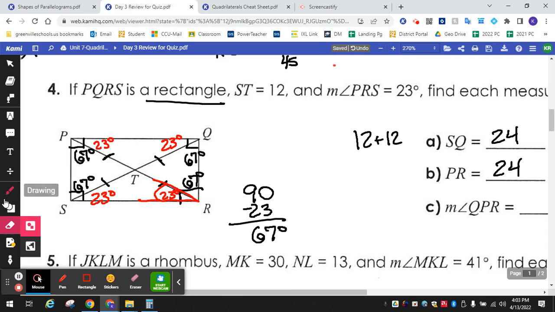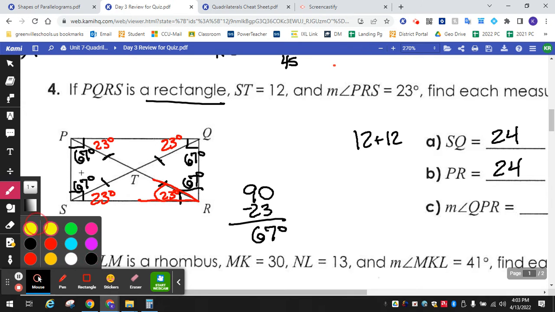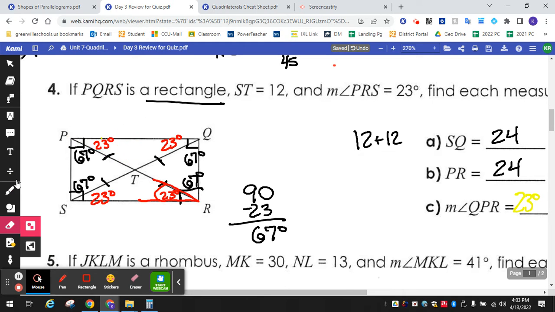Okay, then there's only one more we have to do, but let's get to it. So QPR, from Q to P to R, connect it is 23. PSR, from P to S to R, connect them, 90 degrees.